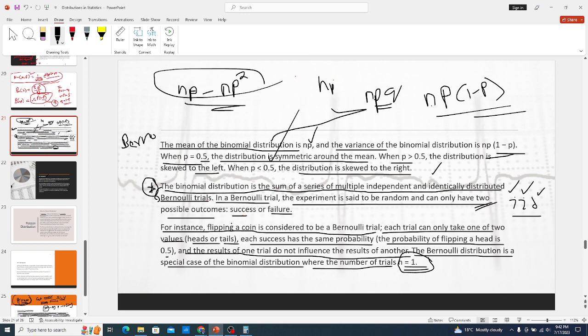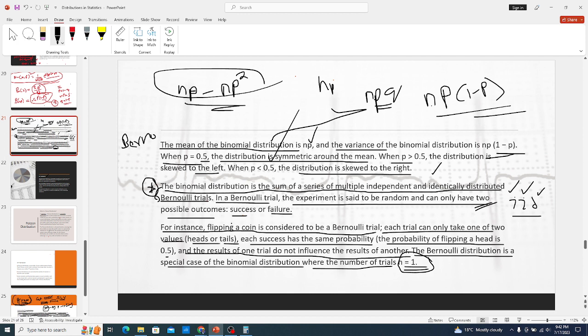If we flip the coin a second time, now it changes from Bernoulli to binomial. Why? Because Bernoulli cannot model more than one trial.